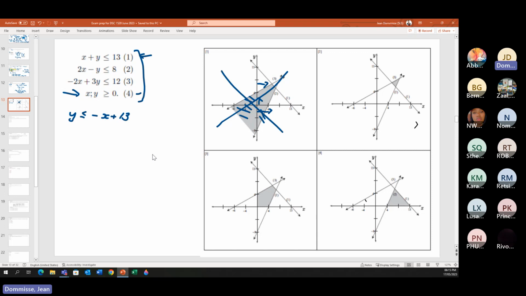If I put in x as 0, y would be equal to 13. So if x is 0, y is 13. That is right: x 0, y 13.